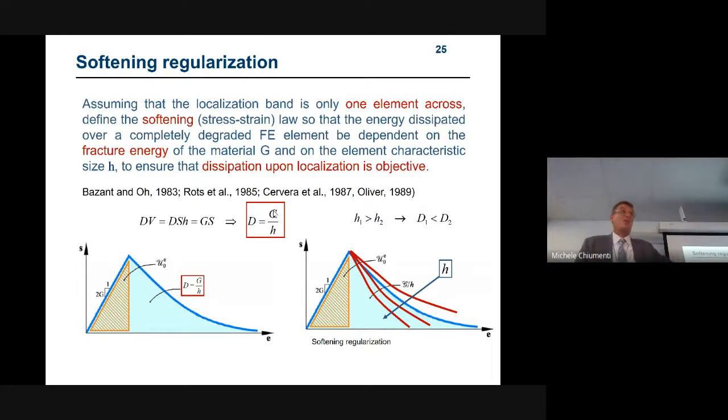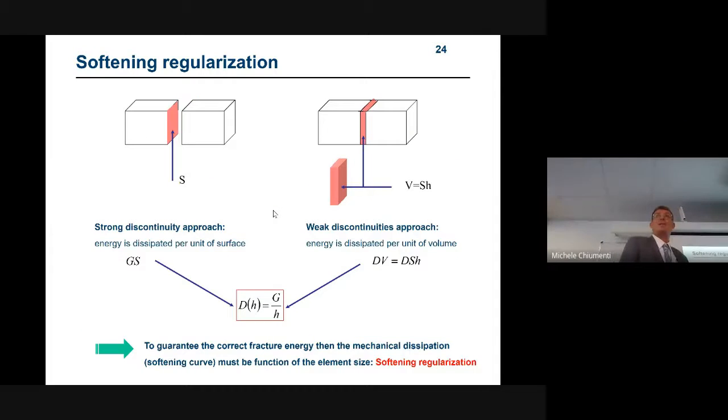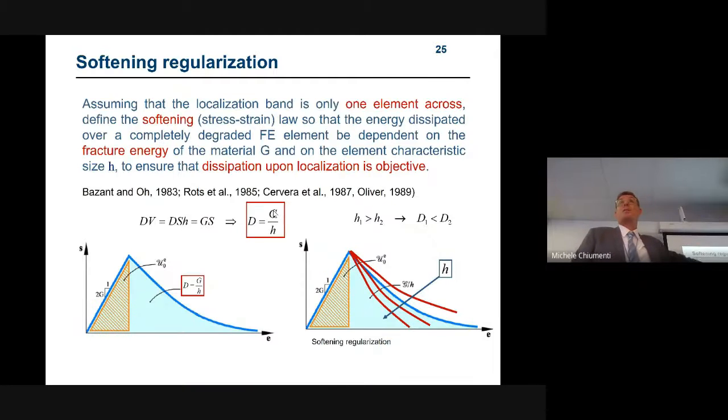So this means that your constitutive models must be modified according to the value of H, so that when you dissipate through this element of size H, you end up with G. This is something that the software automatically does, because the software knows the size of the element and adjusts the softening curve accordingly.